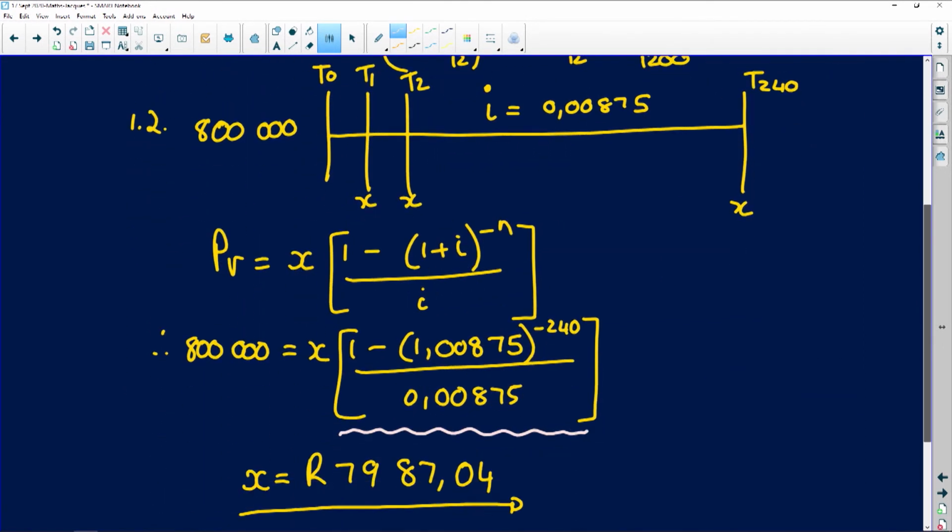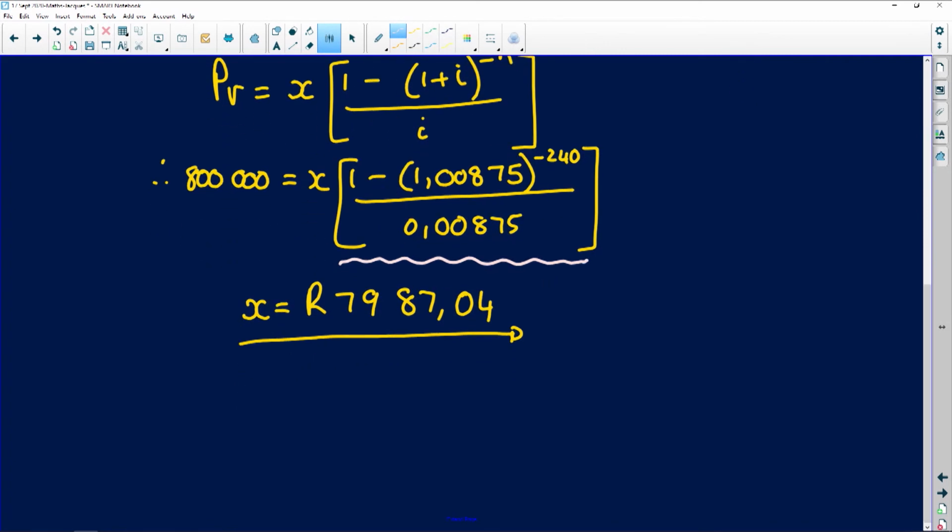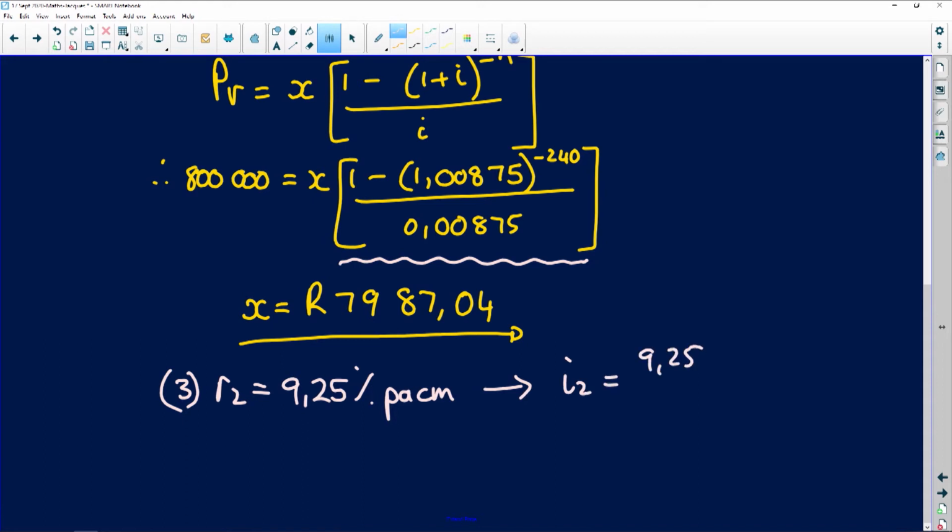So what do I need to do now? I know that my second interest rate, and this is the third part of the question, R2, was 9.25%, per annum compounded monthly. To be able to use that, I need to take the 9.25 and divide it by 1200 to make it a decimal and to turn it into an effective rate per month.